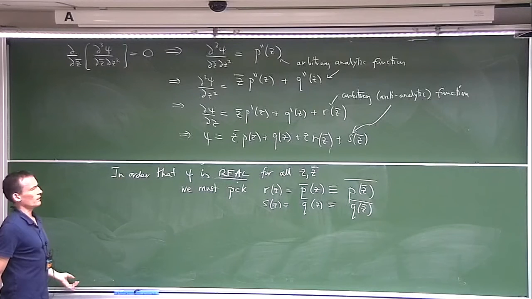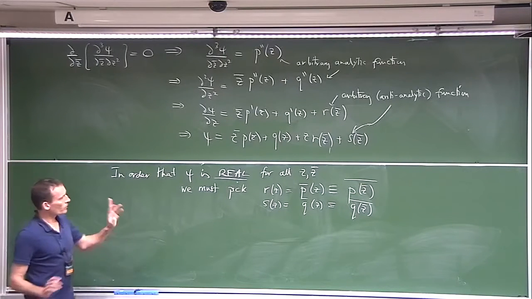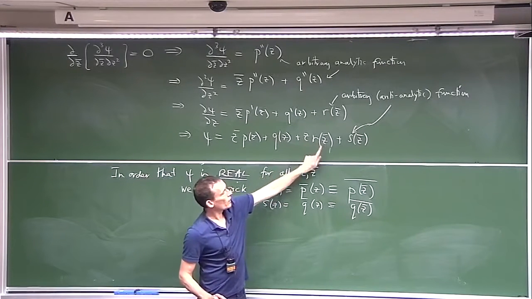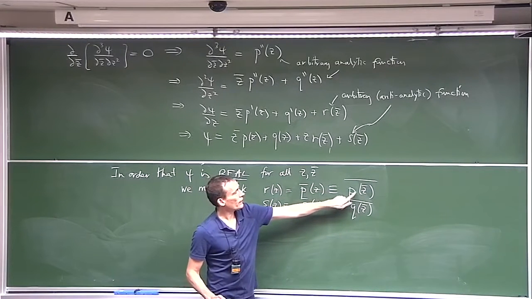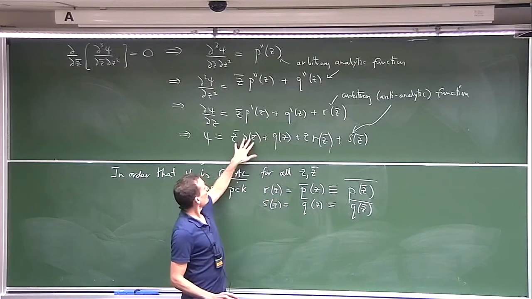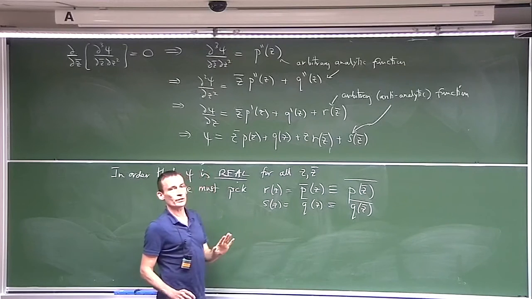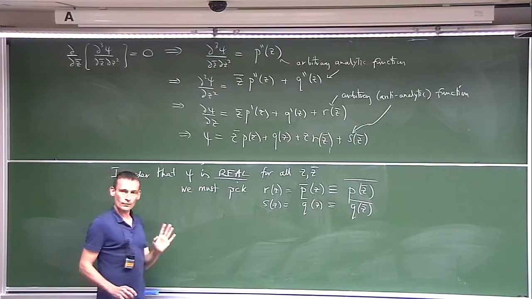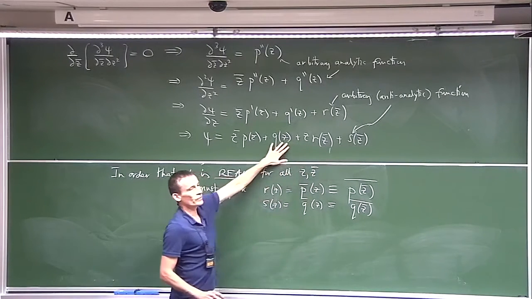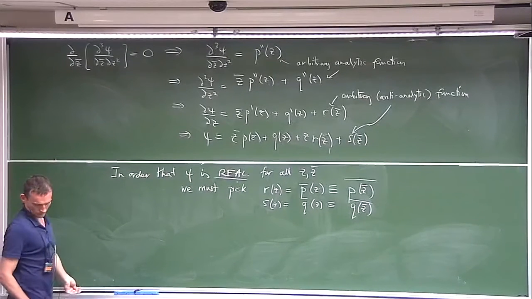Exactly the same as Tuesday. So, in particular, look, R of z bar, which is what I need here, will be P of z all conjugated. Which means that this and this will be complex conjugates. Similarly, this will always be the complex conjugate of this. That will guarantee that psi is always real.